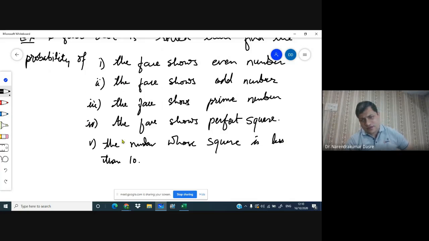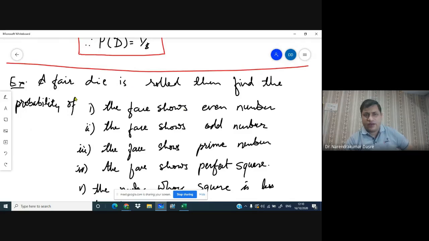So these are the different events that we have to consider when we roll a fair die. Fair die means it is unbiased. If it is biased, it will not give you the correct result. Whether the die is biased or fair, we will test in the next semester. Right now we assume that the die is going to be a fair die.